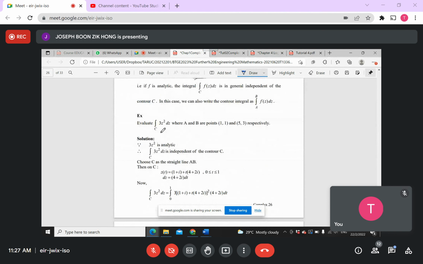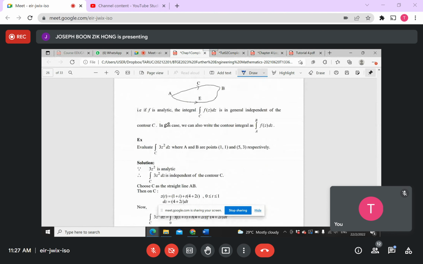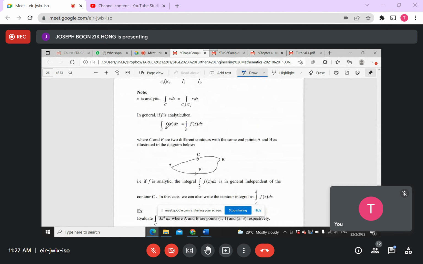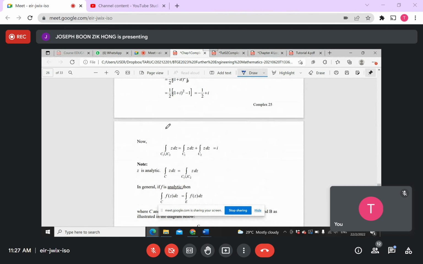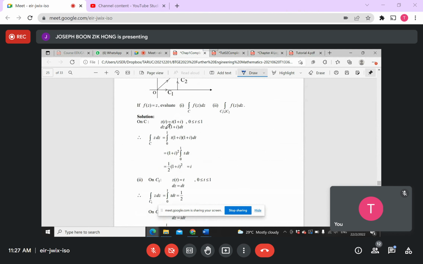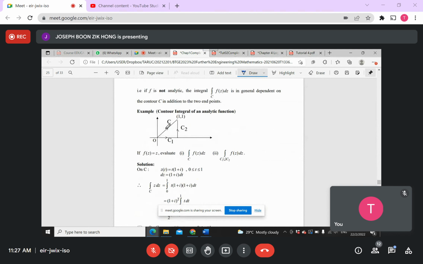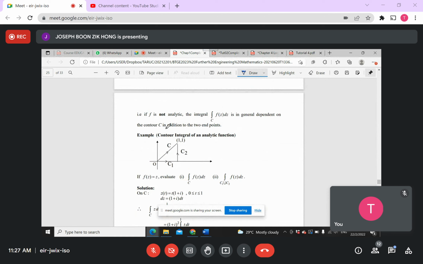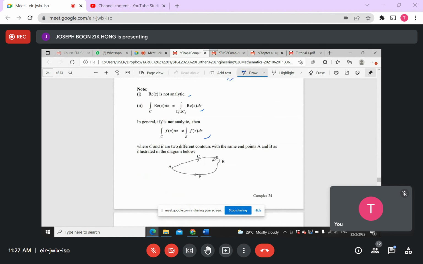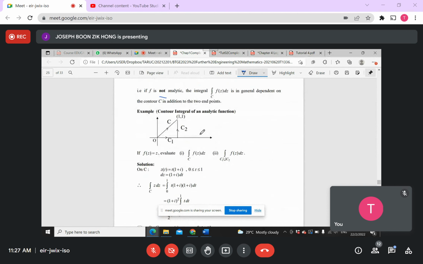So let's say this one. Oh, this is another different one. Okay, so just now is not analytic. Then you will get a different answer. So now let's see if it is analytic. f(z) equal to z.